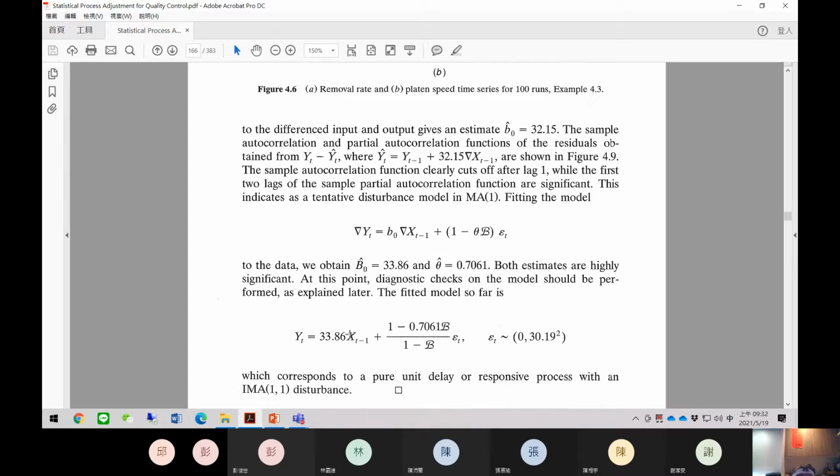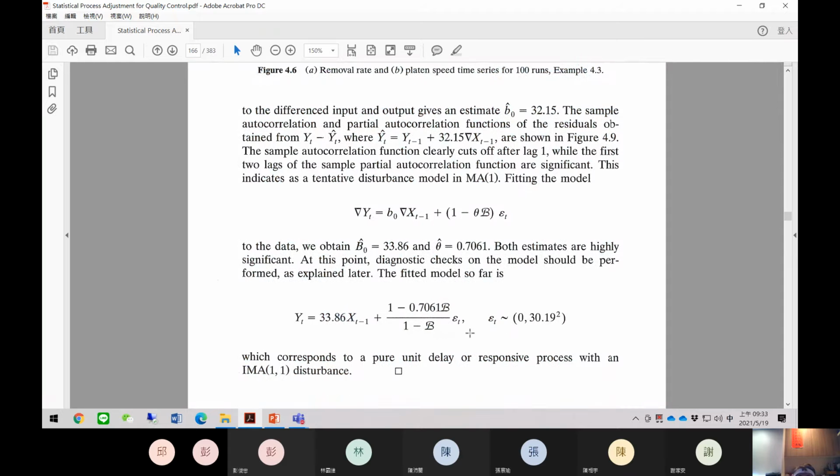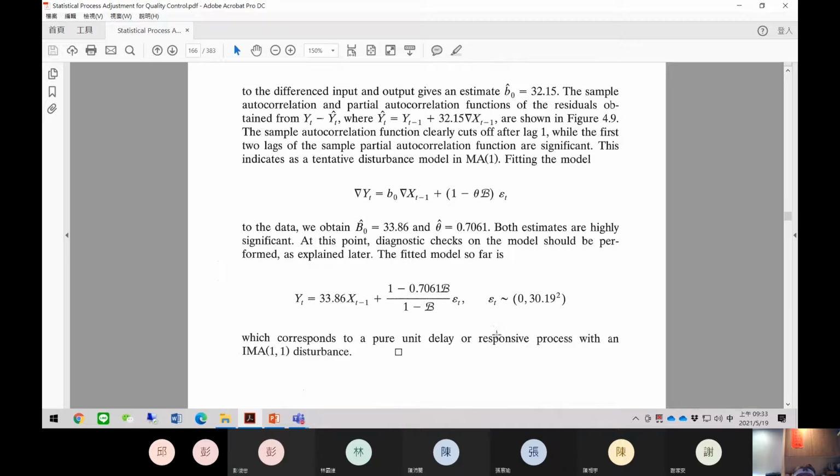So this is YT, different data. So this is weight. Then this is IMA. So epsilon, we fit the residual. This is close to the Y sequence. So the standard deviation of fluctuation is about 30.19. Which corresponds to the per unit delay or responsive process called the IMA.